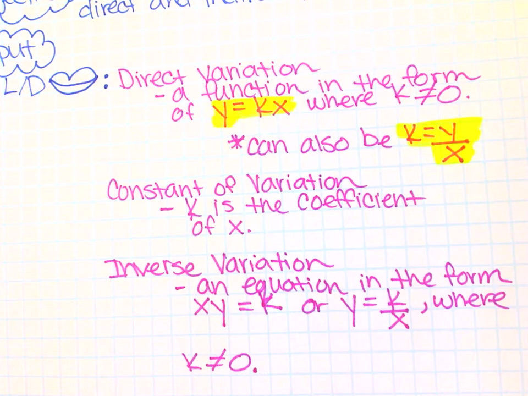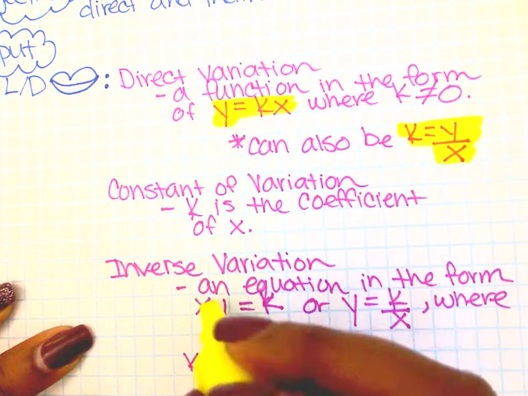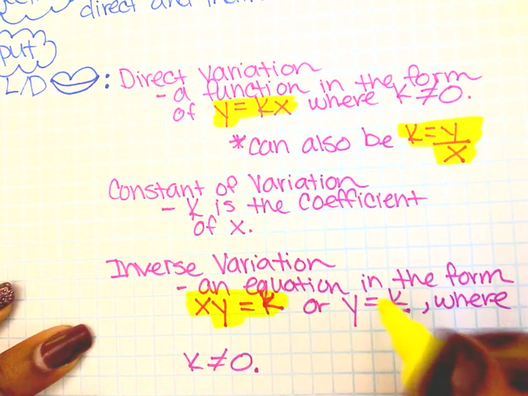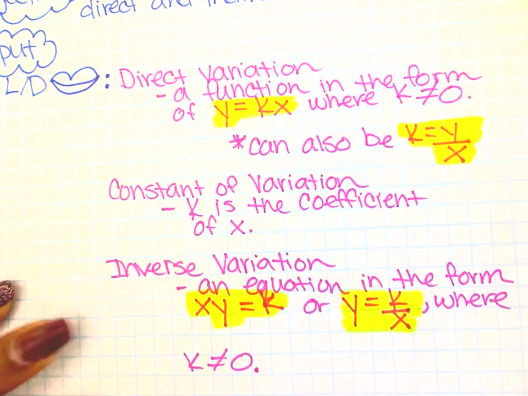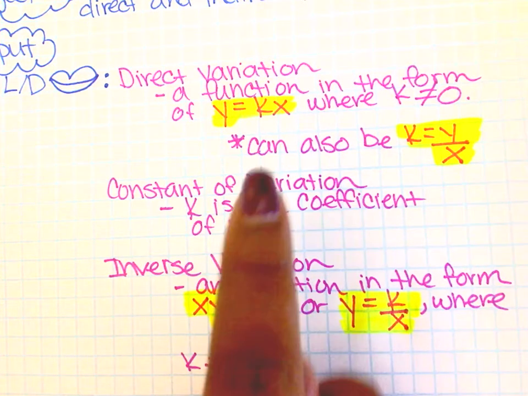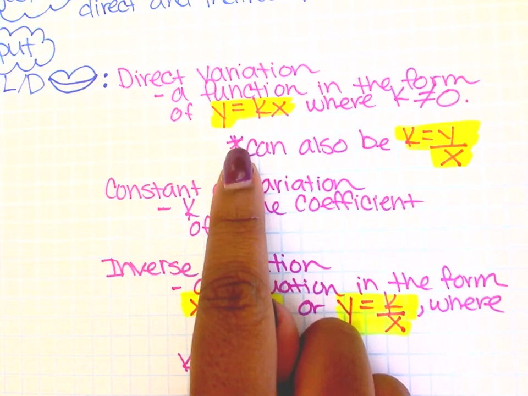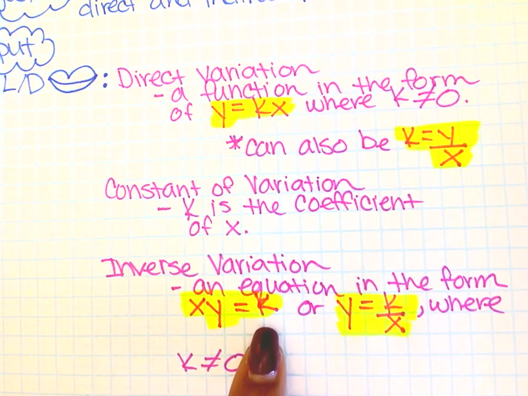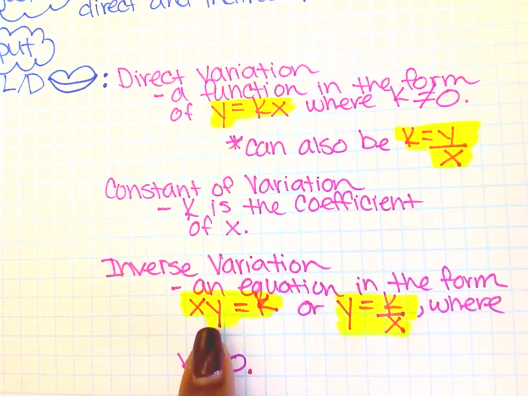So you're going to use that highlighter again, and you're going to highlight those two equations, x times y equals k, and then y equals k over x. So you can see when you look at both of these that they're just kind of the opposite. For this one, you're solving for y for the direct variation. For an inverse variation, you're figuring out k, and k is usually x times y.